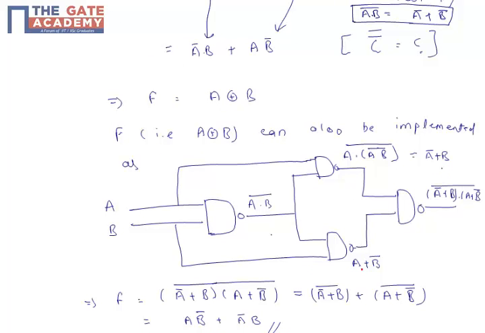Similarly, here we will get A plus B bar, and our final output is going to be ((A bar plus B) into (A plus B bar))whole bar.